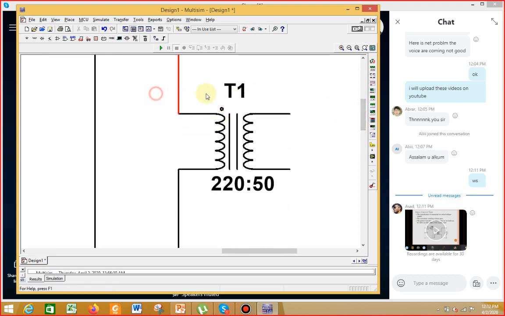So this connection is the phase of the primary of this transformer, and the other connection is the neutral. Similarly, on the opposite side, this is the phase of the secondary, and this one is the neutral of the secondary.